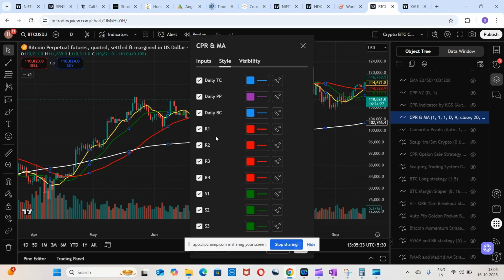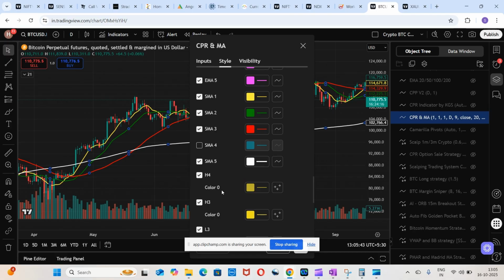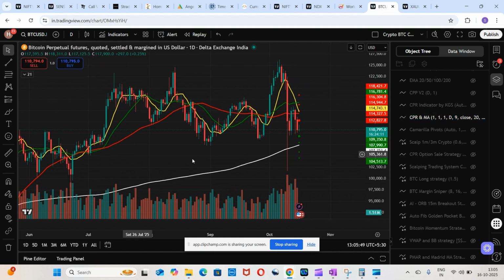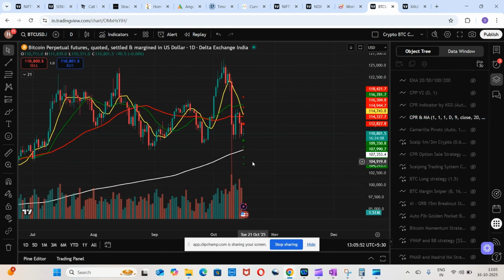There is CPR along with the resistances and supports plotted on the chart. We have SMAs and EMAs also, but SMAs are enabled in this particular chart.